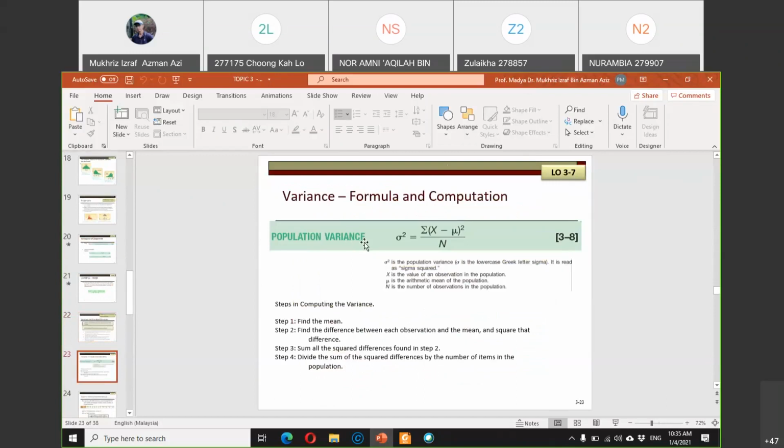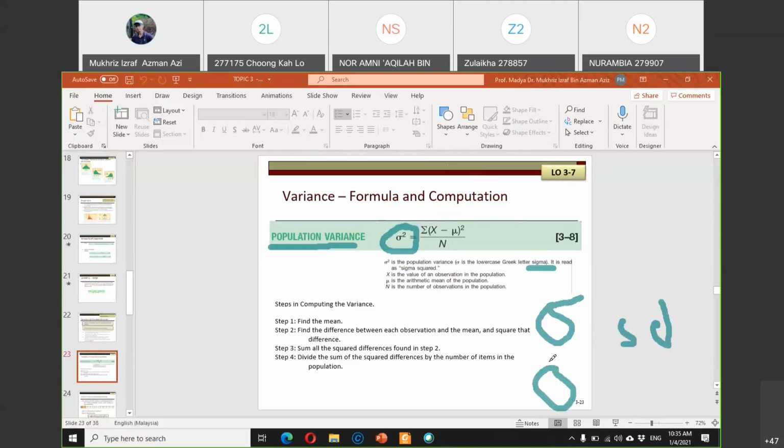So for population variance, first is the symbol or the notation. We use the symbol sigma square. Sigma square is the notation that we use to denote population variance. Without the square, it becomes standard deviation. So if you write sigma, it means population standard deviation, SD.